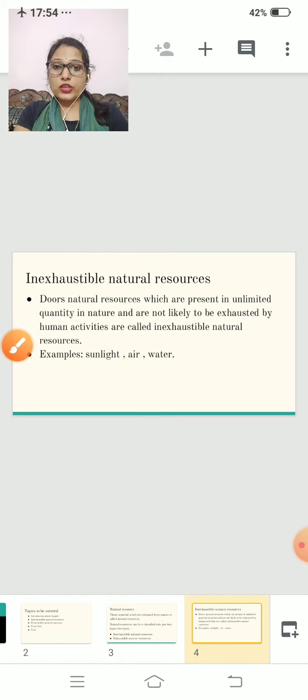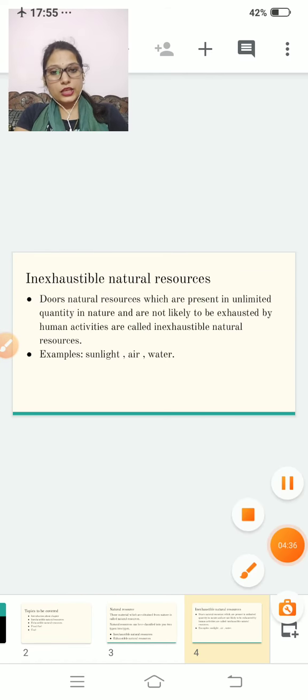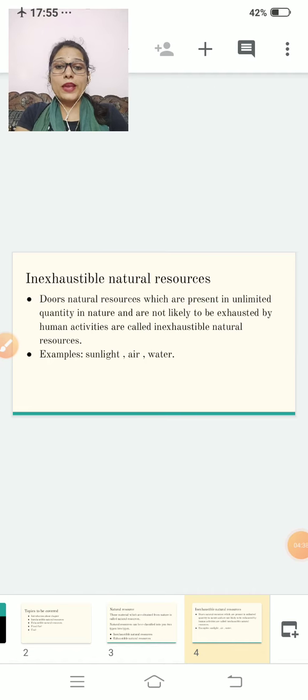So here is the definition: those natural resources which are present in unlimited quantity in nature and not likely to be exhausted by human activities are called inexhaustible natural resources.